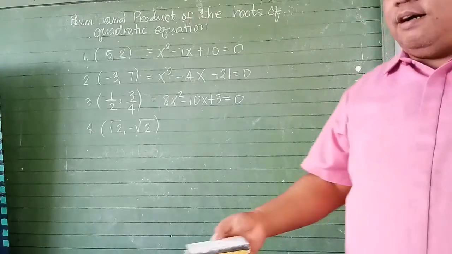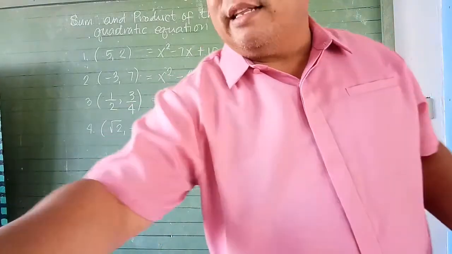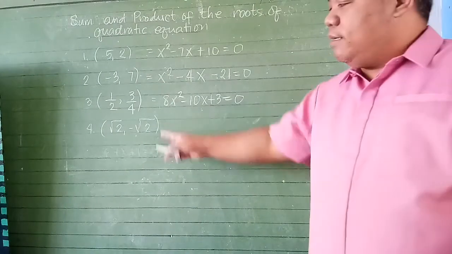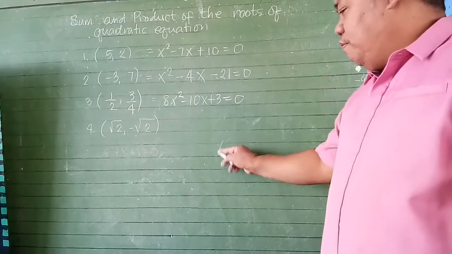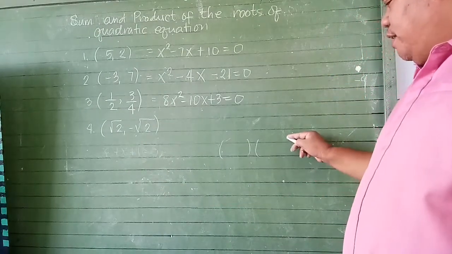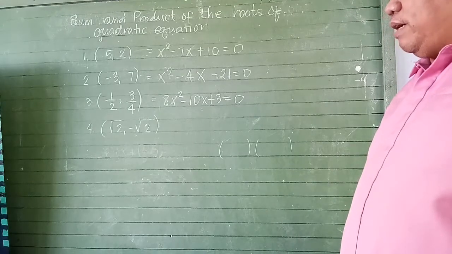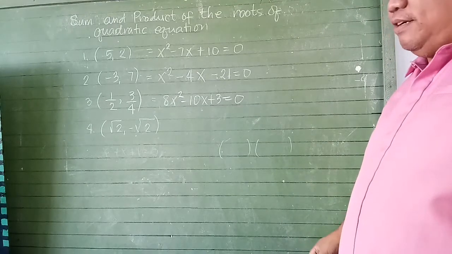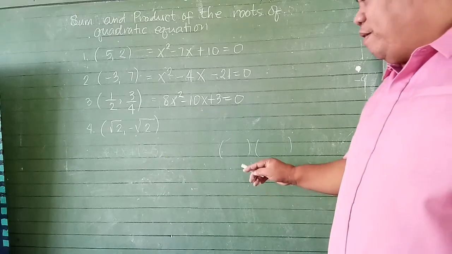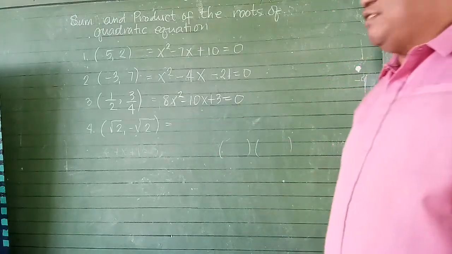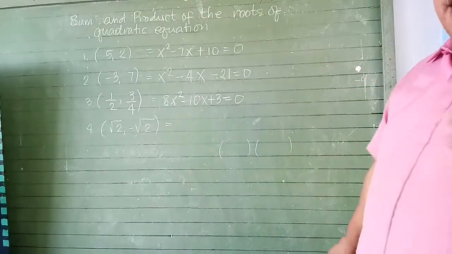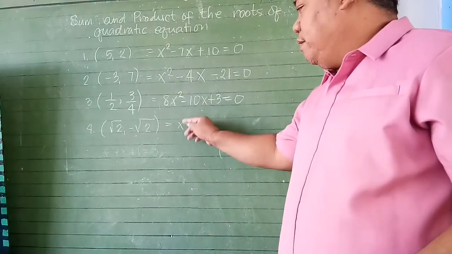The roots are square root of 2 and negative square root of 2. Can we put 2 factors again for that? Or simply we can add. We can add. But let's try to solve using the technique that I had. So it's x squared.